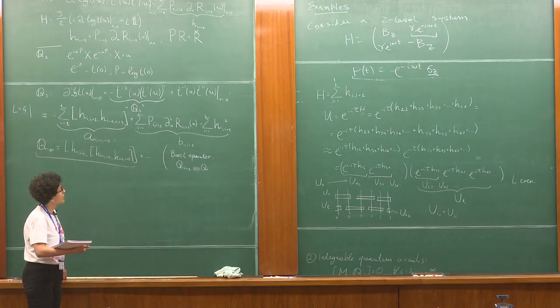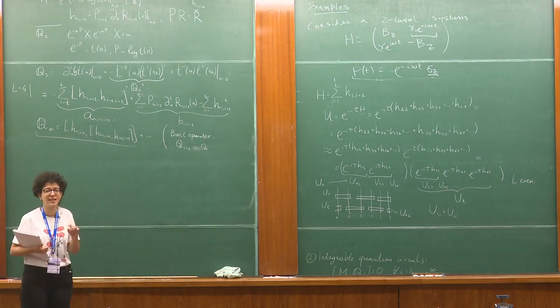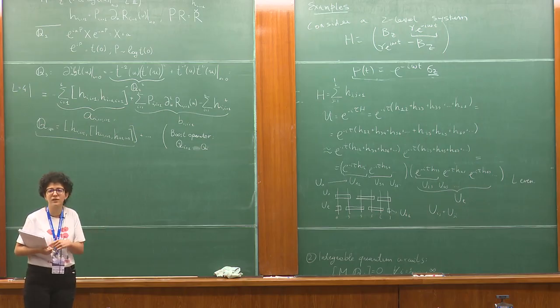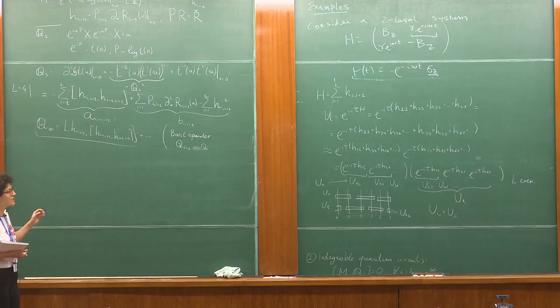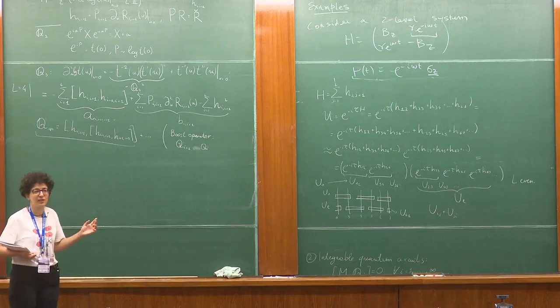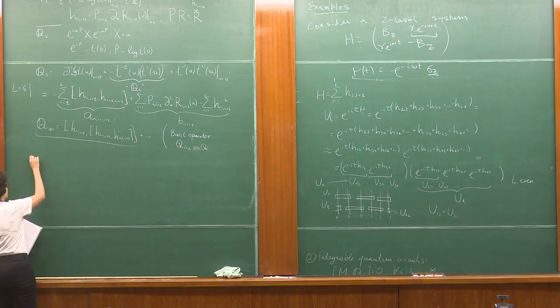Okay. So yesterday, when I was defining the transfer matrix, I told you that all these parameters, U1, U2, UL, are arbitrary. And if we had U equal to 0, then Q2 is exactly the Hamiltonian. But now, what is the choice of these parameters in order to have a circuit? The choice is this. Consider L even.